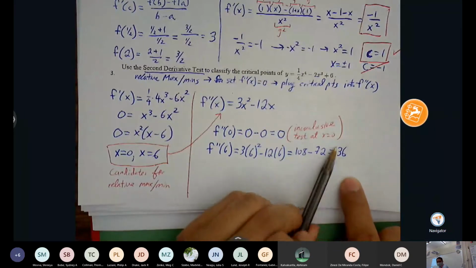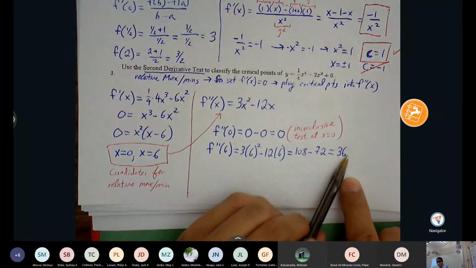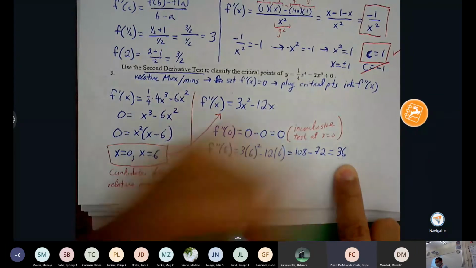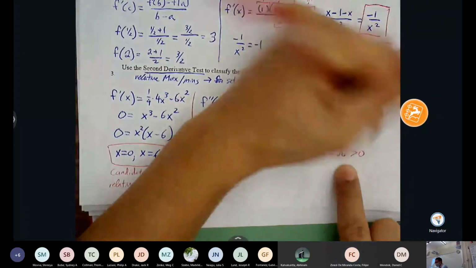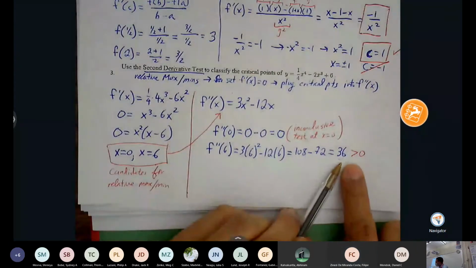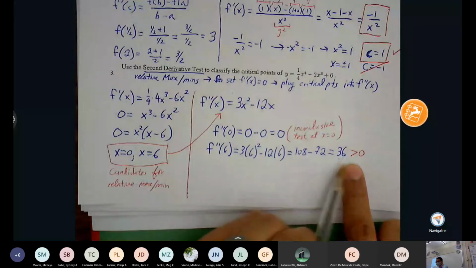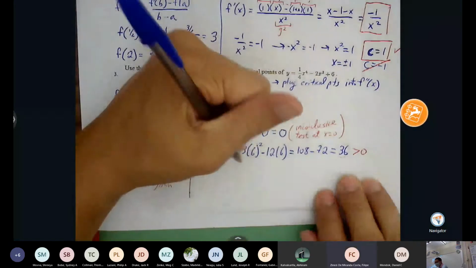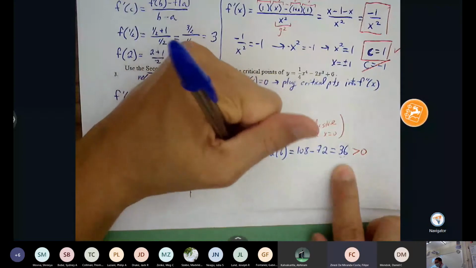How do you interpret this 36? It's positive, right? That's what's important there. Positive, and we need to know what that means. Positive value means that our graph is concave up.